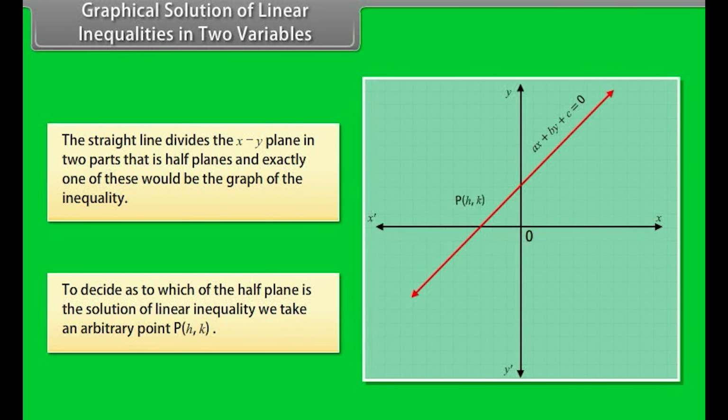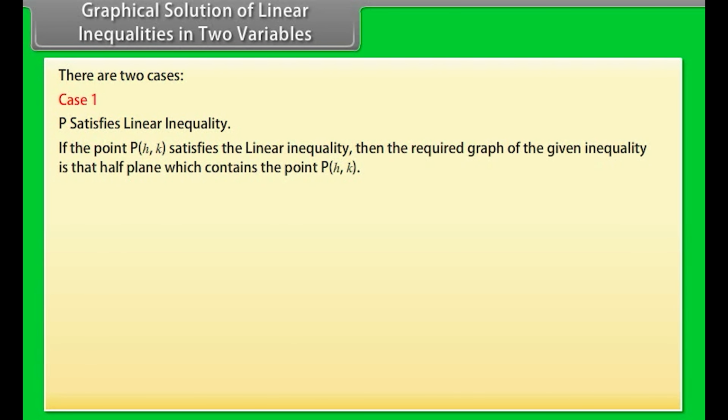To decide as to which of the half plane is the solution of linear inequality, we take an arbitrary point P(h, k). There are 2 cases. Case 1. P satisfies linear inequality. If the point P(h, k) satisfies the linear inequality, then the required graph of the given inequality is that half plane which contains the point P(h, k).